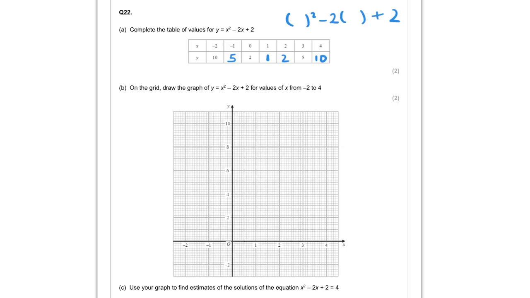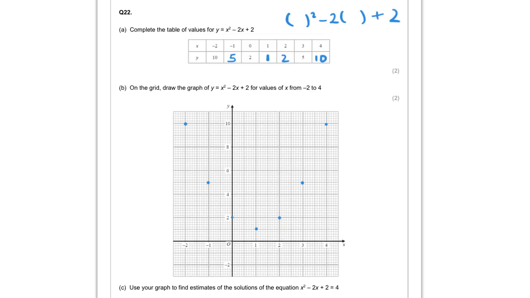And these are such easy questions, okay? So minus 2, 10. Also, make sure you use a pencil. Minus 1, 5, 0, 2, 1, 1, 2, 2, 3, 5, and 4, 10.